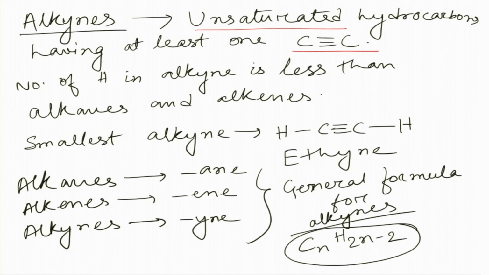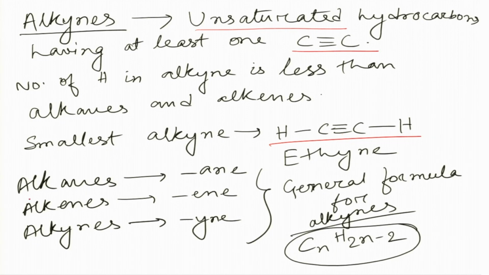So naturally, the number of hydrogens in alkynes is less than in alkanes and alkenes. Ethyne is the smallest alkyne because, similar to alkenes, a one-carbon alkyne is not possible.